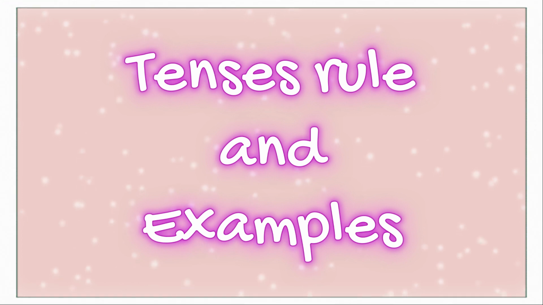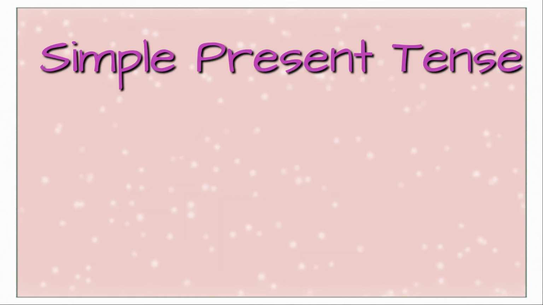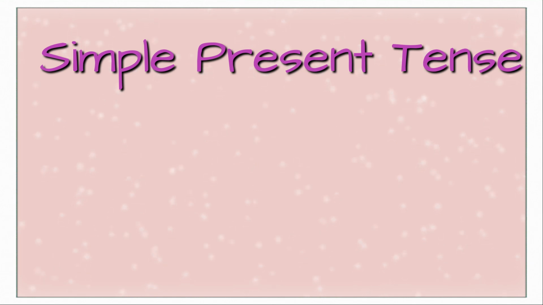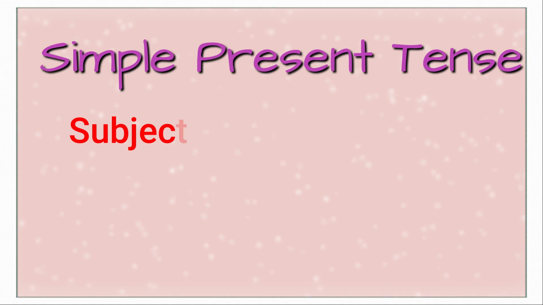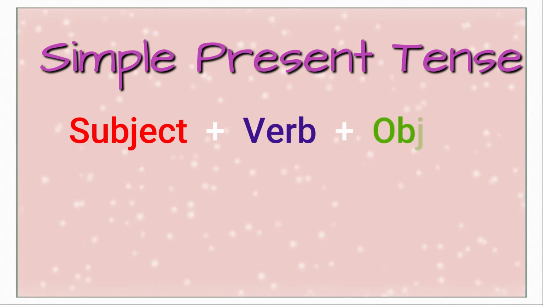Now let's know how to frame these simple present tense sentences, its rule with examples. As we know, to make a sentence, we need subject, verb and object.